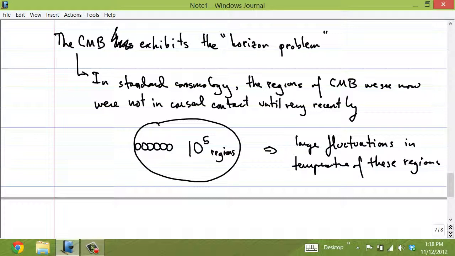And the horizon problem is the problem that when we actually observe the cosmic microwave background, you see different parts of the universe which weren't in contact with one another for a very long time, and so you would expect them to have fluctuations in their temperature that reflect the fact that they haven't come into thermal equilibrium.